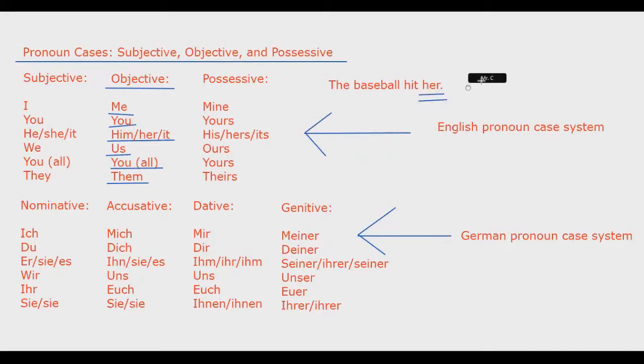Let me correct what I said earlier. The indirect object is an object to whom or for whom an action is done, but the direct object actually experiences the action itself. So the baseball hit her. Her is the direct object because she's experiencing the action of getting hit with the ball.